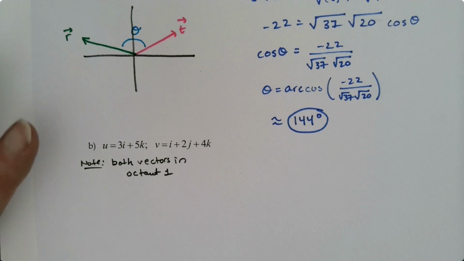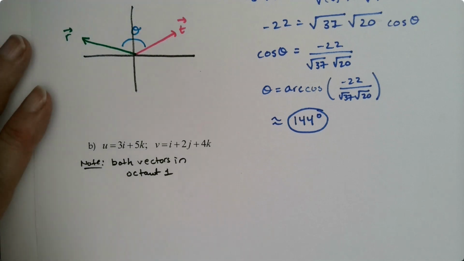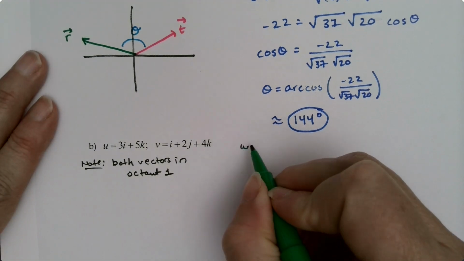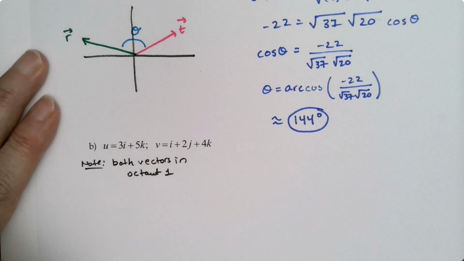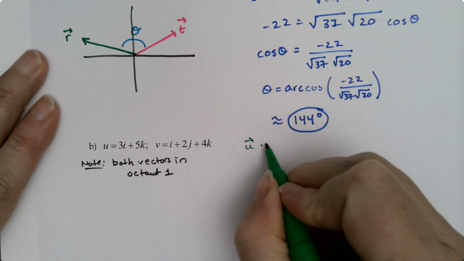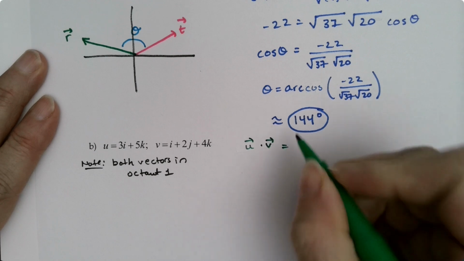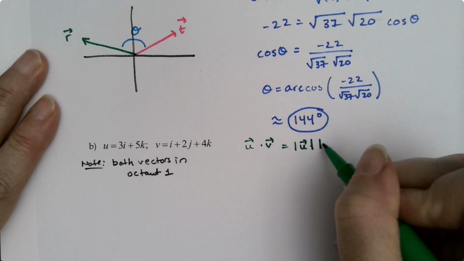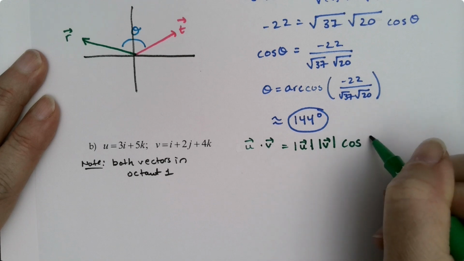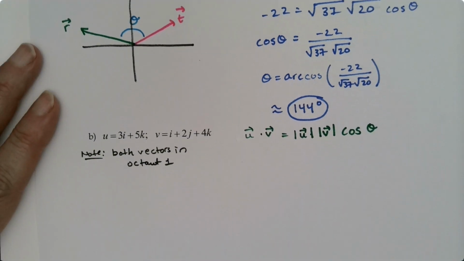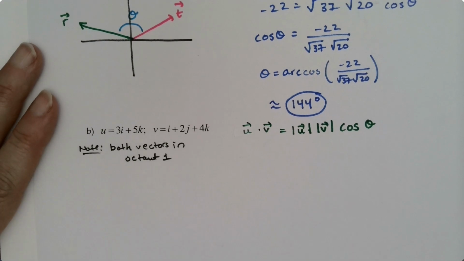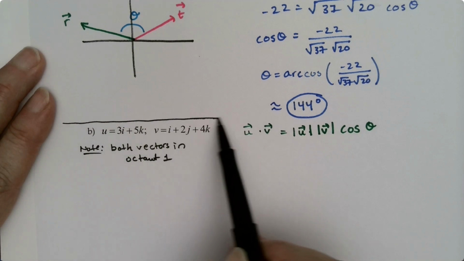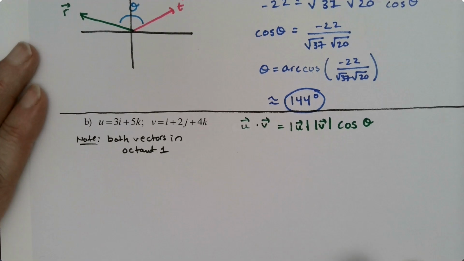Okay, so we'll use the same idea that we did on the last one. U dot product with V is equal to the magnitude of U times the magnitude of V times the cosine of theta. I'm going to put a little horizontal line in so that I can keep my problem straight.